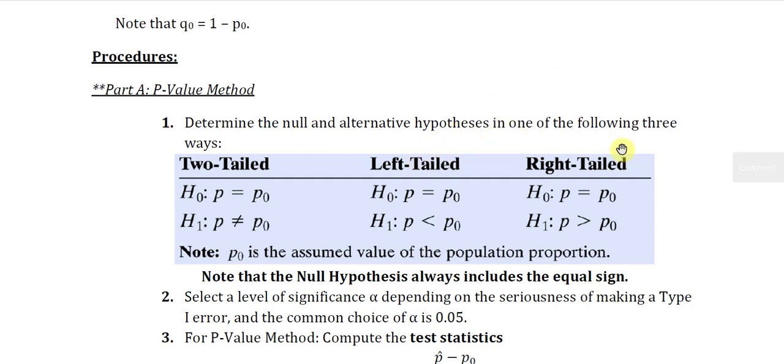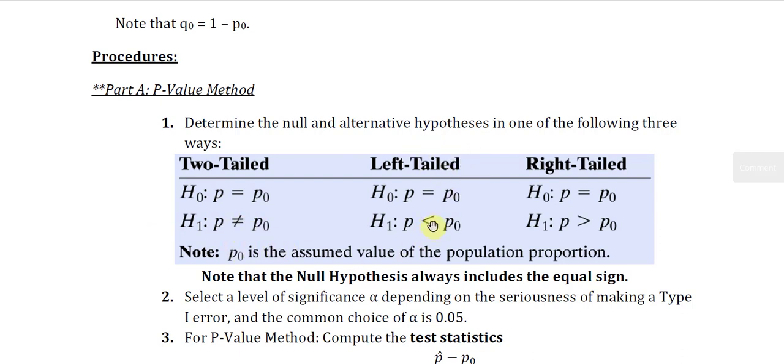And then we can construct them in the following three ways: the two tails, the left tail, or the right tail. For the null hypothesis, the proportion is equal to some claim value, it is always equal to something. And then for the alternative hypothesis, for the two tails, p has to be different from the claim value.